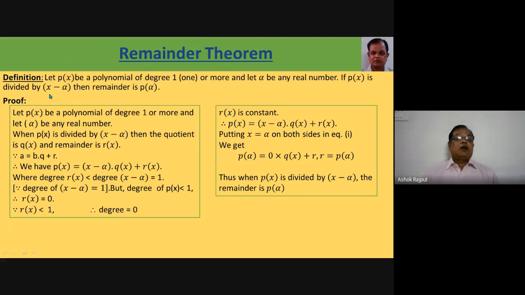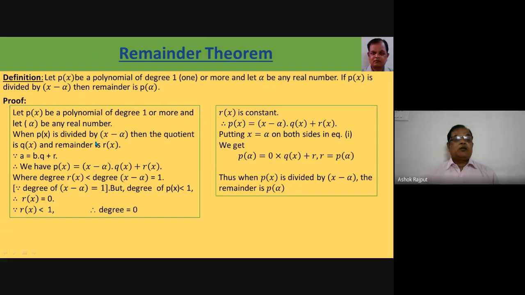First we take x minus alpha as the divisor, then find the value of x and the value of the polynomial at it.